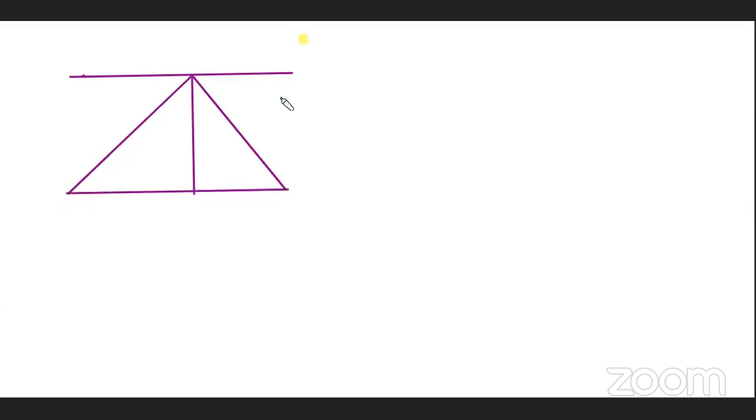So should I make the poles 1 and 2? Angle of depression on the left is 60. Sorry, it should be 60 on the left. I made it the other way around.